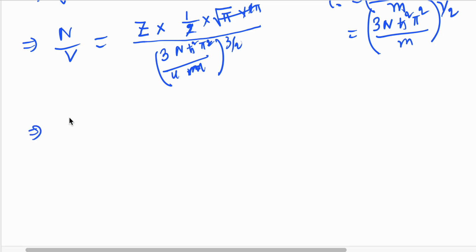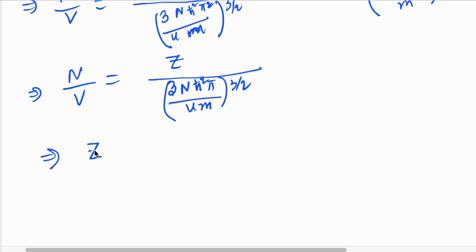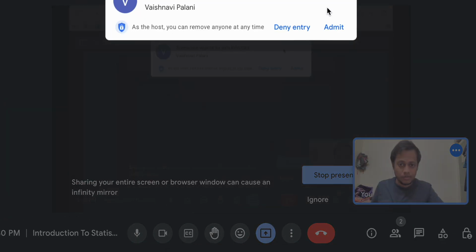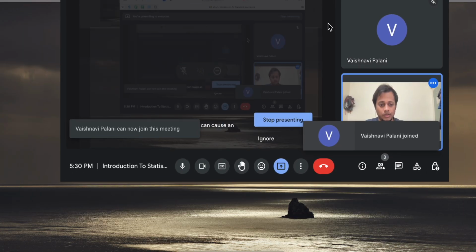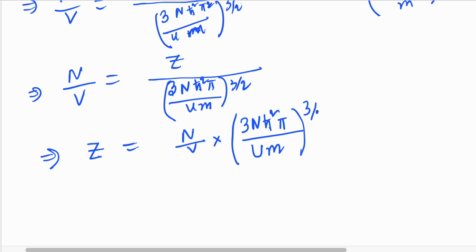So you will be left with n by v is z by 3n h cut square pi u m to the power 3 by 2. You can express z as n by v into 3n h cut square pi by u m to the power 3 by 2.